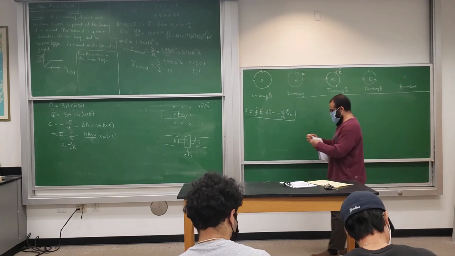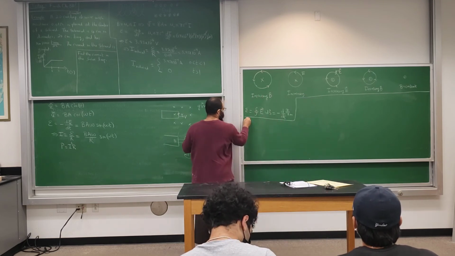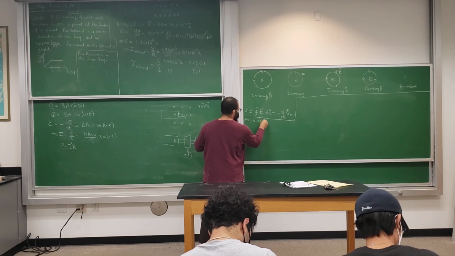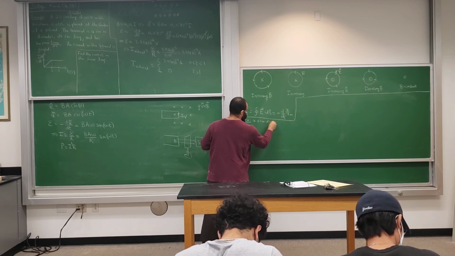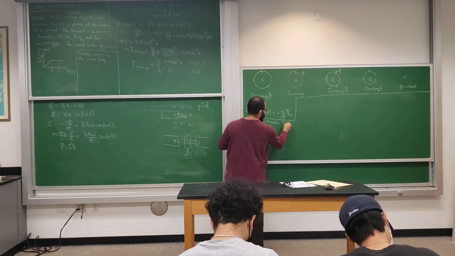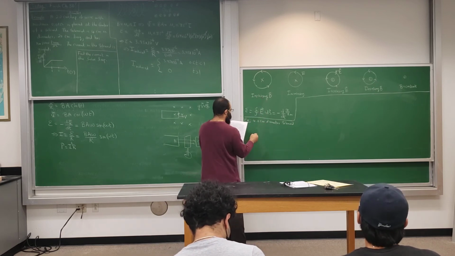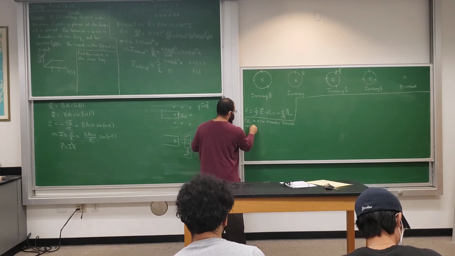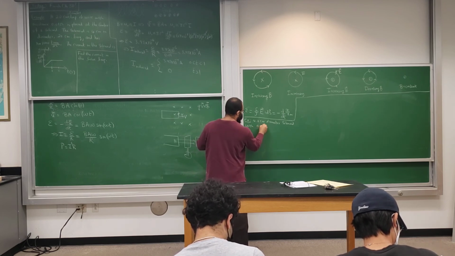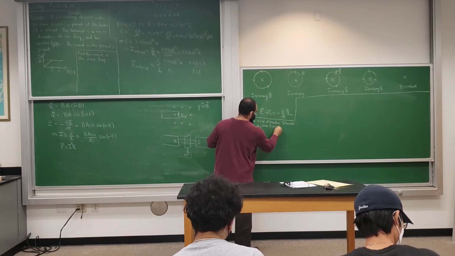For example, suppose you have a 4.0 centimeter diameter solenoid with 2,000 turns per meter, so n equals 2,000 turns per meter.